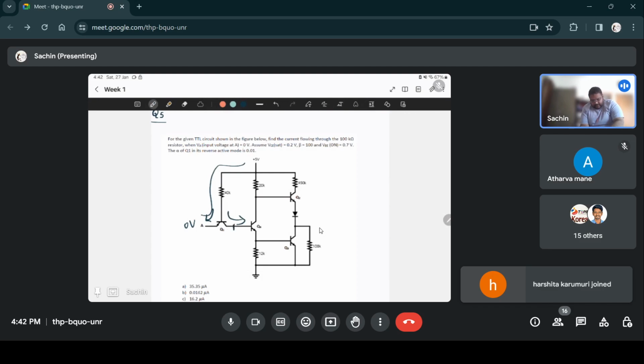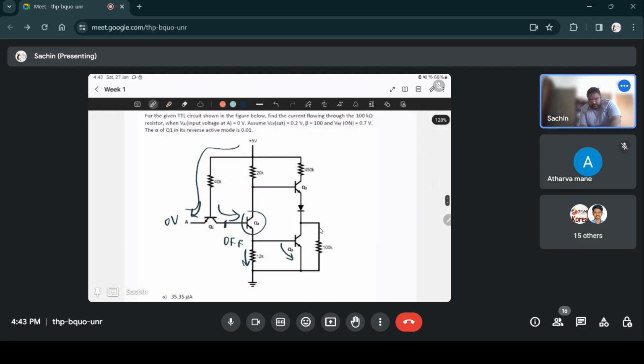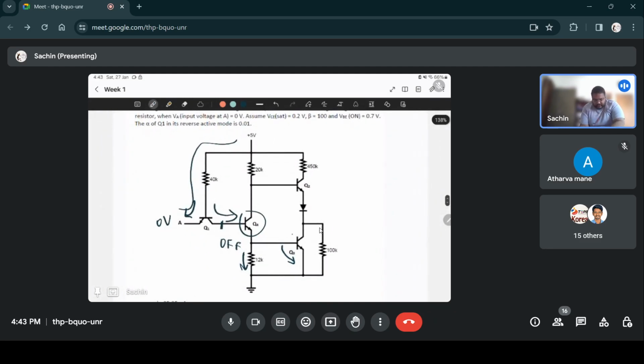That means this is at low voltage and this transistor is off. Since that Q4 transistor is off, no current will flow through this 12 kilo ohm resistor and no voltage will drop across it, so there is no voltage to forward bias this VBE junction. So Q3 is also off.